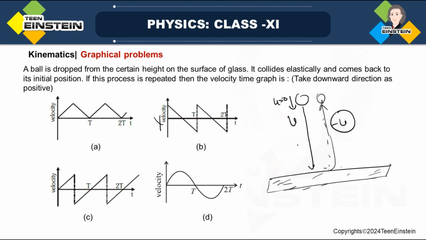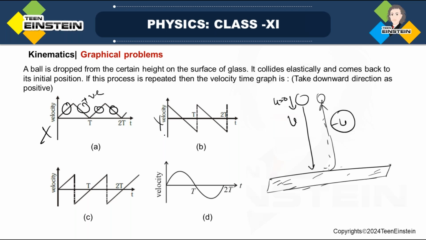So there should be a change in the direction of velocity, but here these are changing the direction, but all the velocities are positive, so option A I can reject. All are positive, so that's why I'm cancelling this option.